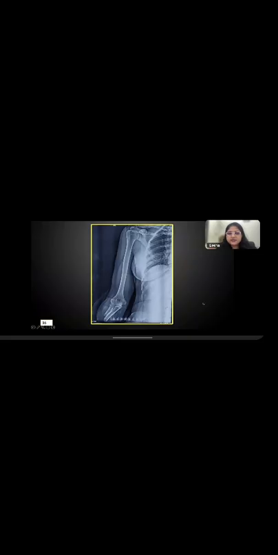Now case number 36. So what is the diagnosis? 36. Okay, very great. Dr. Harsh has already answered, and that is the correct answer. This kind of X-rays are very common to be kept in spotters. The important thing is that whatever is shown is normal, but the patient has had an amputation.